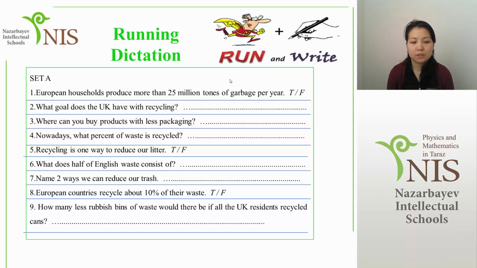Each pair is given 9 questions, and the teacher puts the questions into different parts of the room, in different colors. One pair has orange, another pair has blue, and the third pair has green, and so forth.